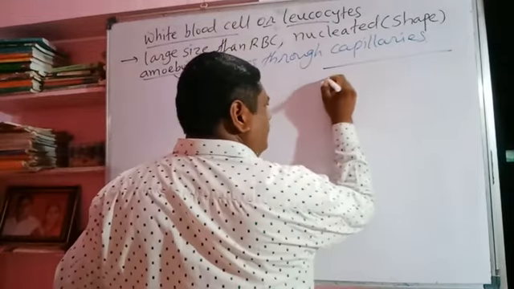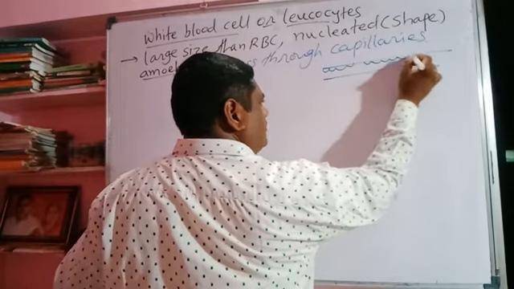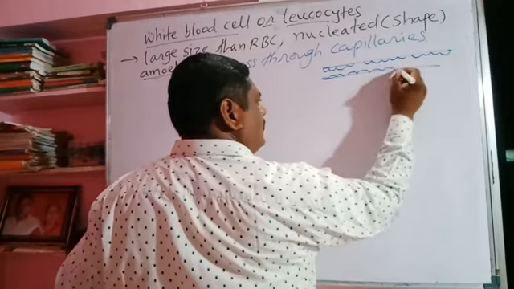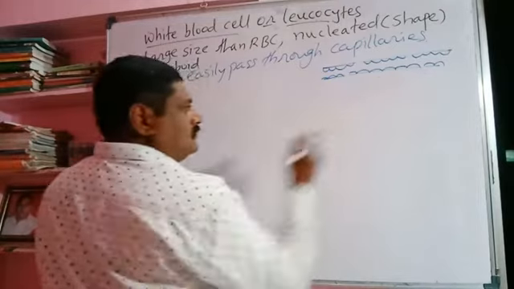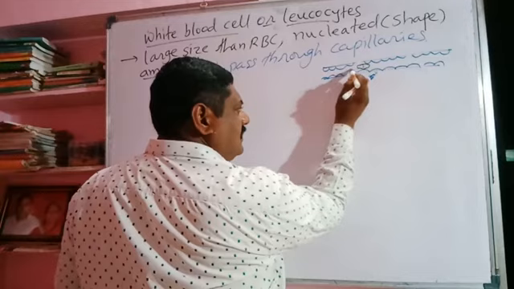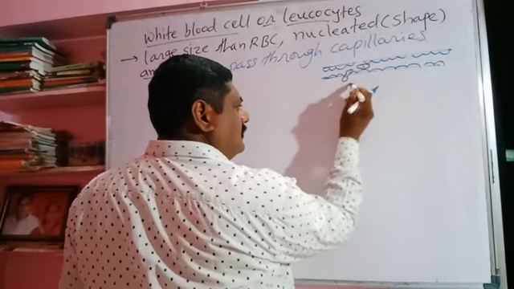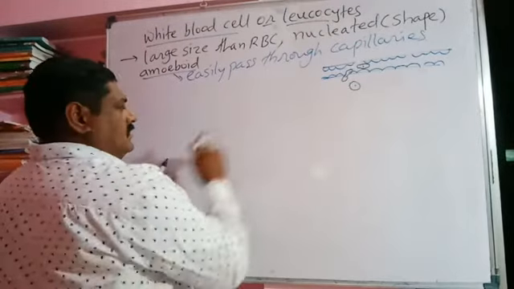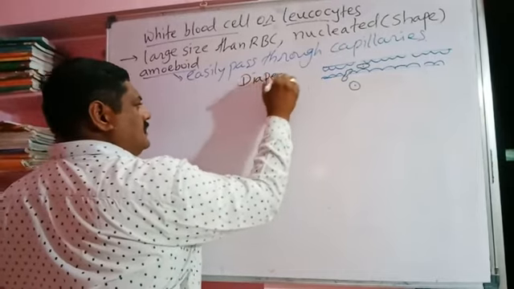The capillaries are lined by a single layer of discontinuous endothelium that possesses small pores or openings through which the white blood cells, because of amoeboid movement, squeeze out. This squeezing movement is called diapedesis.